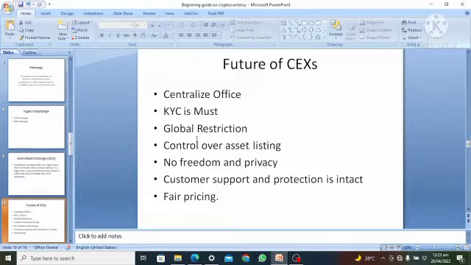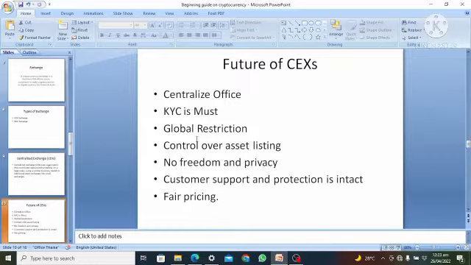Control over asset listing. I talked about this earlier when I was trying to explain other types of exchange. There is control over assets being listed in centralized exchange. It's not every kind of asset that just comes up and gets listed.